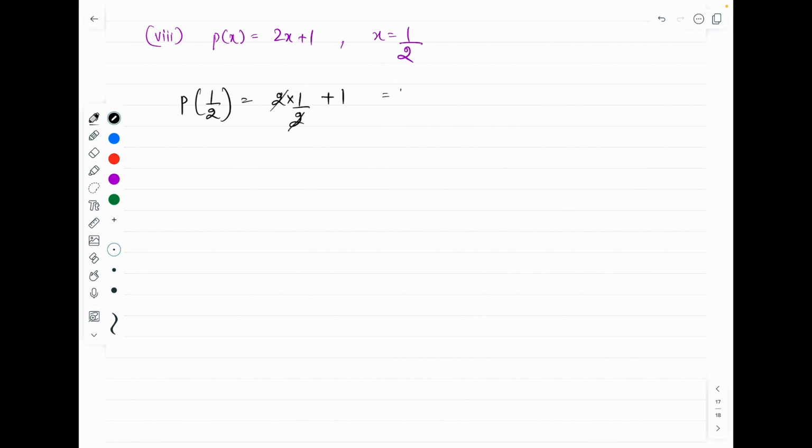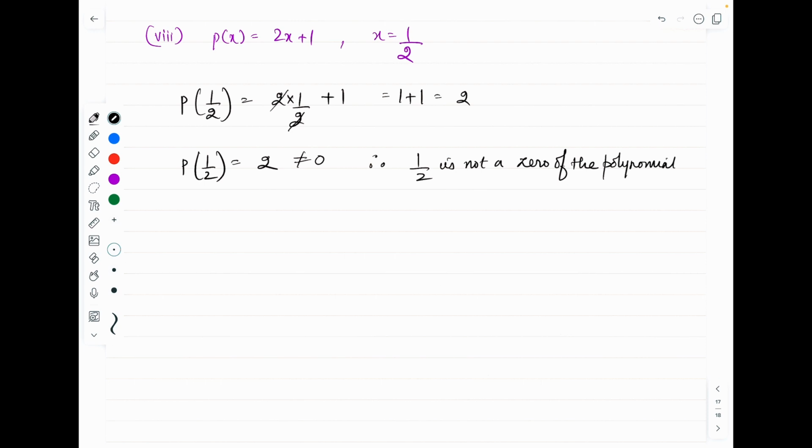The 2 is cancelled. This is 1 plus 1 is 2. So p of 1 by 2 is 2, not equal to 0. Therefore 1 by 2 is not a 0 of the polynomial 2x plus 1.